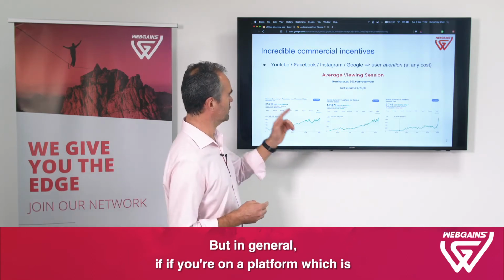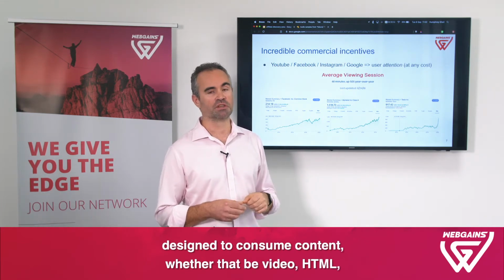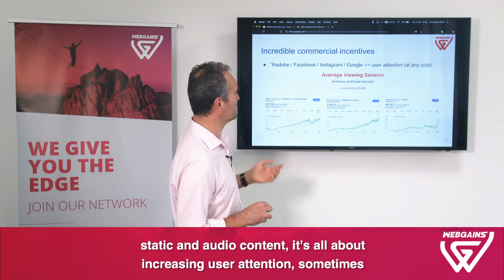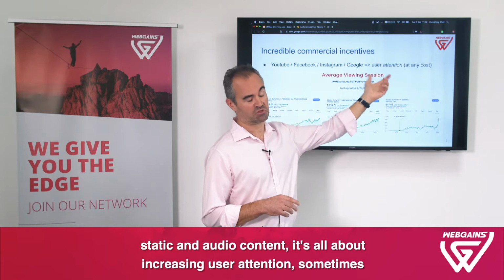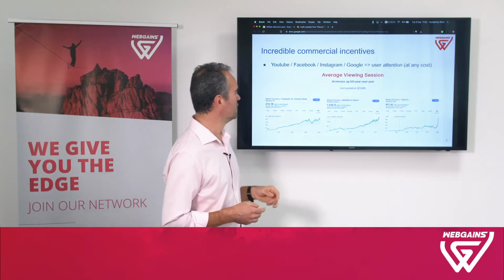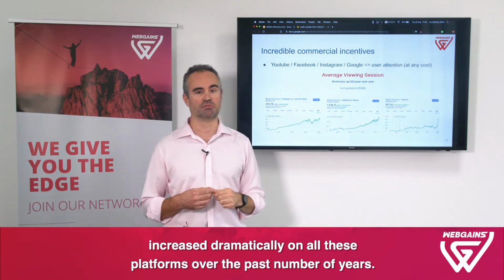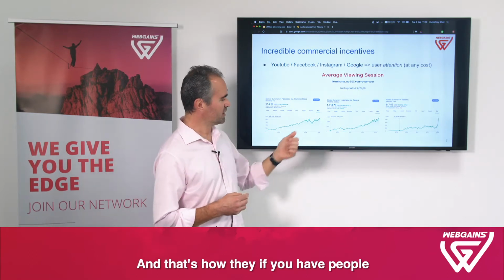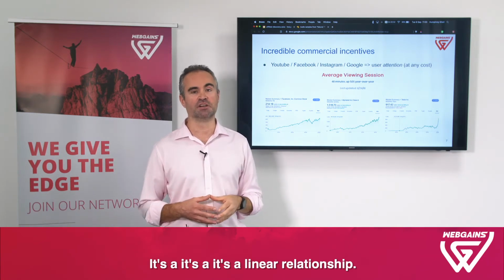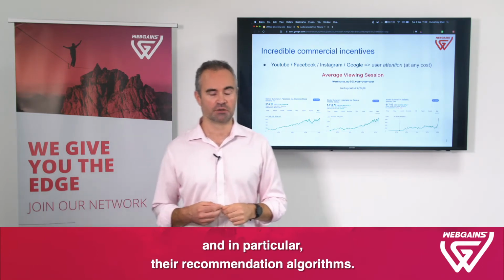But in general, if you're on a platform which is designed to consume content, whether that be video, HTML, static, audio content, it's all about increasing user attention, sometimes to the detriment of lifestyle or work-life balance. And the average viewing session has increased dramatically on all these platforms over the past number of years. If you have people sticky to your platform, you can show them more advertisements. It's a linear relationship, and that's exactly what these guys have been doing with machine learning, and in particular their recommendation algorithms.